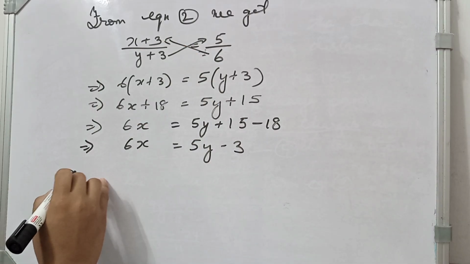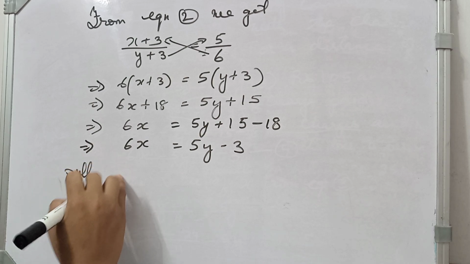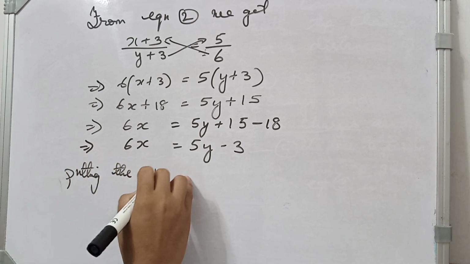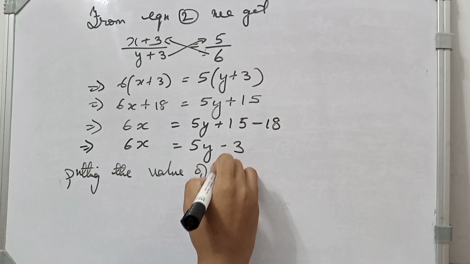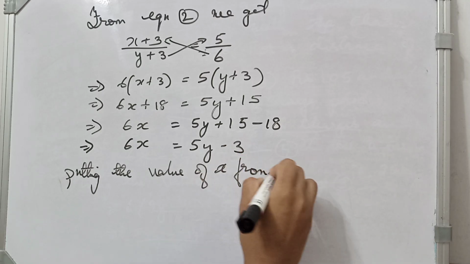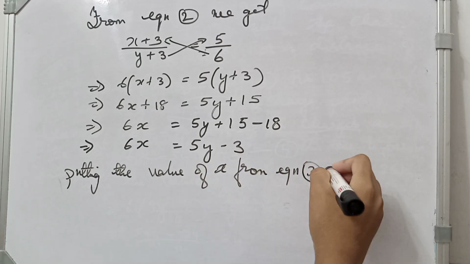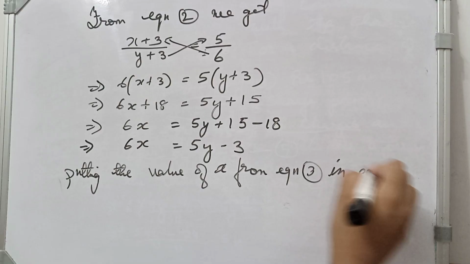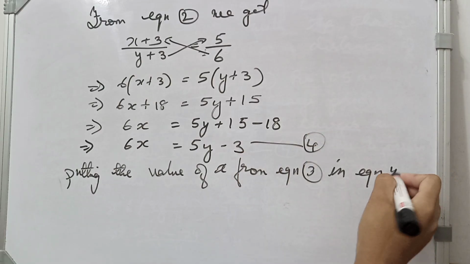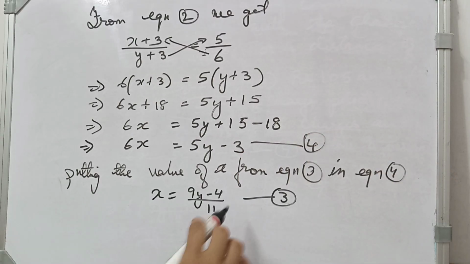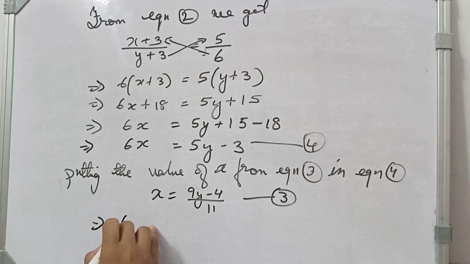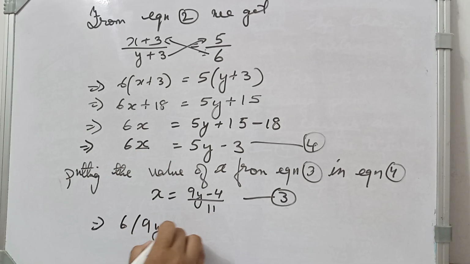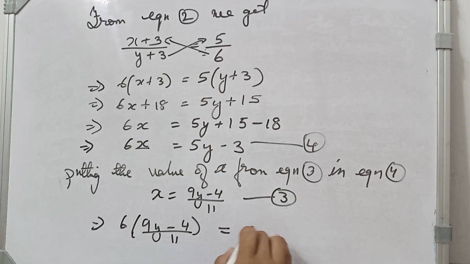Now putting the value of x from equation 3 in equation 4. Okay, we get 6 into x, put the value of x: 6 into 9y minus 4 by 11 is equal to 5y minus 3.